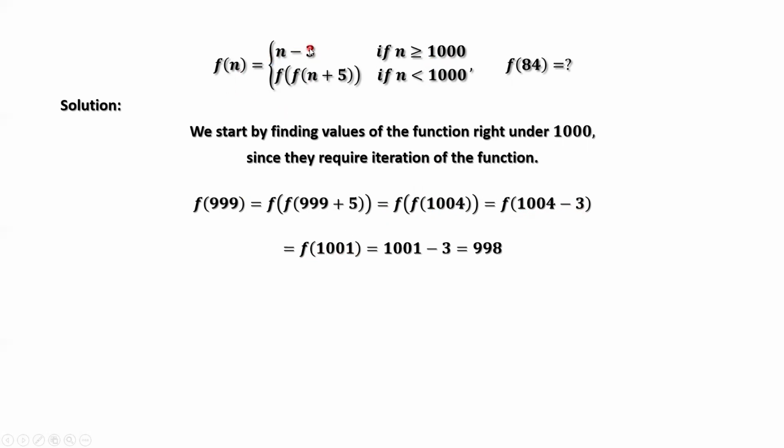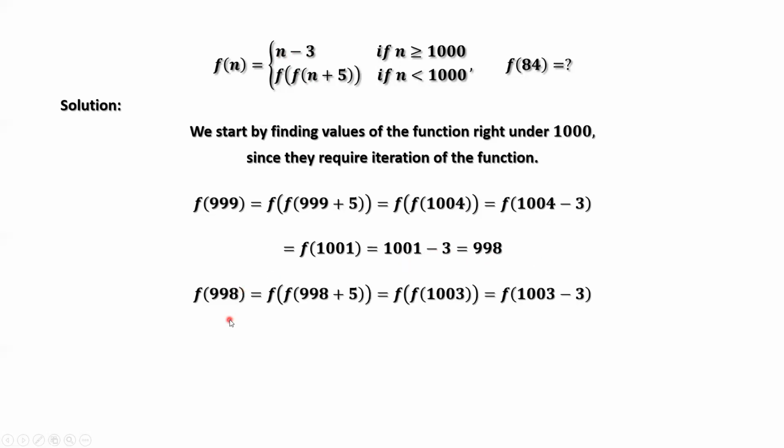Use the first formula again. It is n minus 3. 1001 minus 3 equals 998.